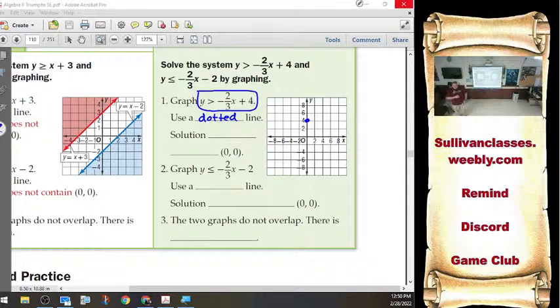Down 2, right 3. But look at the scale. So when I go down 2, it's down 1, 2, right 1, 2, 3. Down 1, 2, right 1, 2, 3. If you need to make those little dots as you're counting out your boxes, do it.